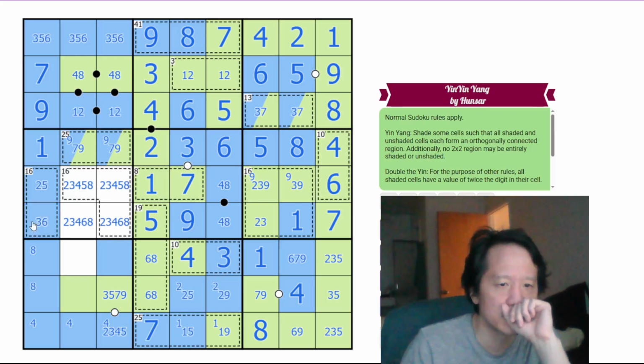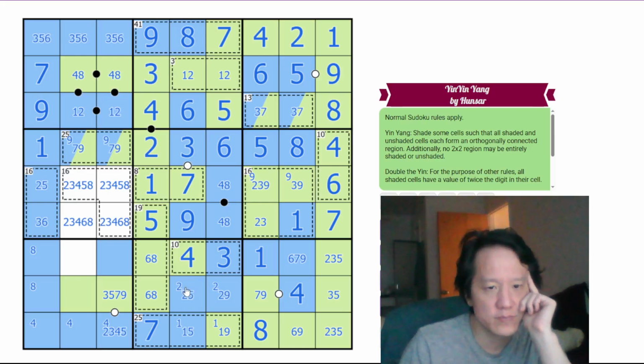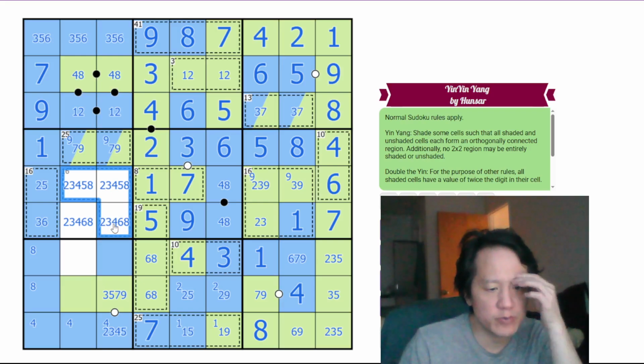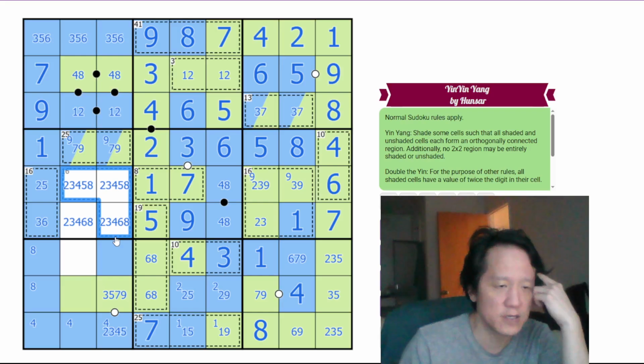This is 3 or 6 here. 6 cannot be doubled because it would be with 2 and 4. 6 doubled would be 12 plus 2 and 4, it would be 18, and that doesn't add up to this cage. 5 cannot be doubled.